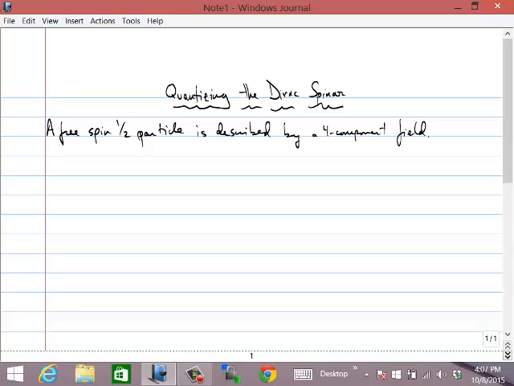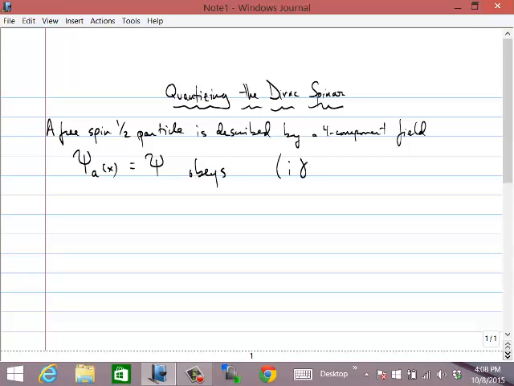That is to say, a complex spinor field. So instead of 4 complex numbers that we could call psi_a of x, where a is an index that runs from 1 up to 4, but typically we'll suppress that index and just call it psi, which classically obeys the Dirac equation.